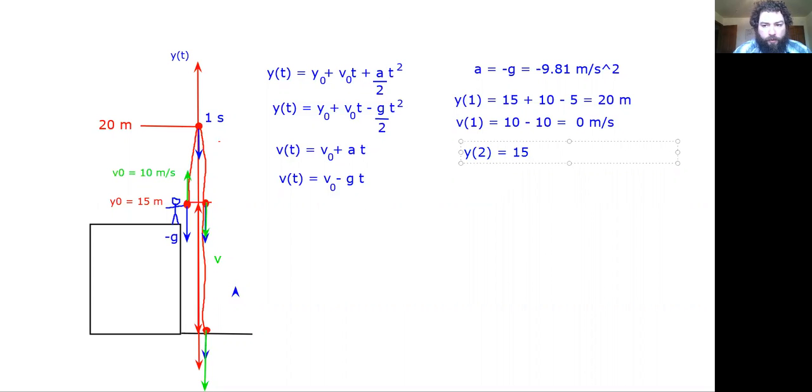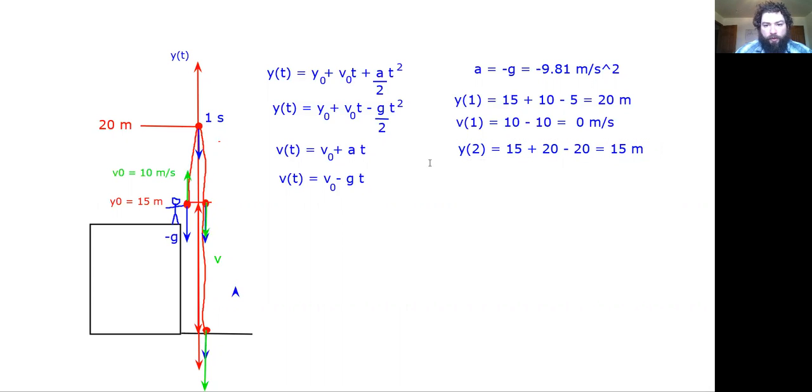Initial position 15 meters, initial velocity 10 meters per second, so 10 times 2 there. So then it's 20. And then negative 5 times t squared, which is negative 5 times 4. So that's 20. So 20 minus 20 is 15 meters.